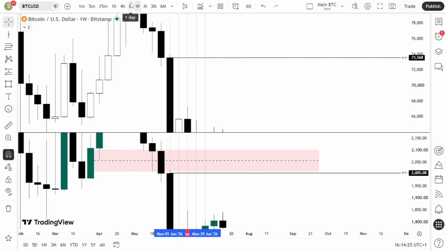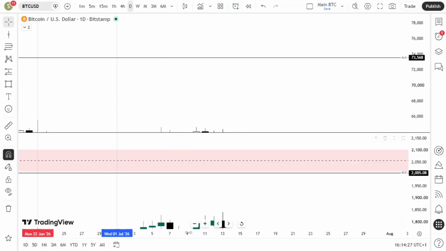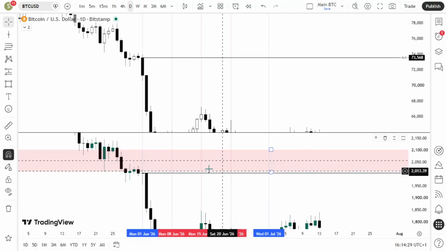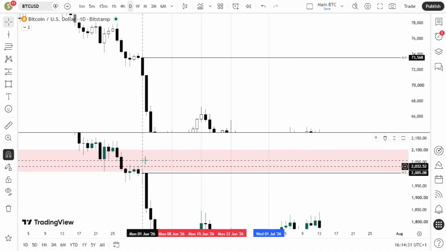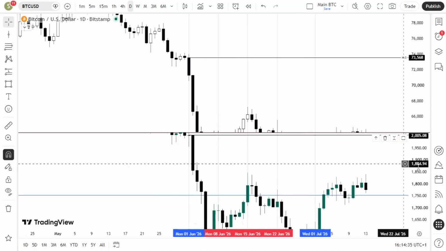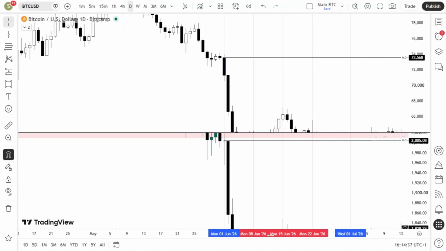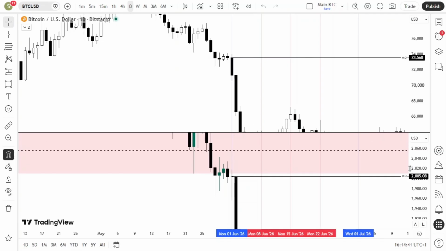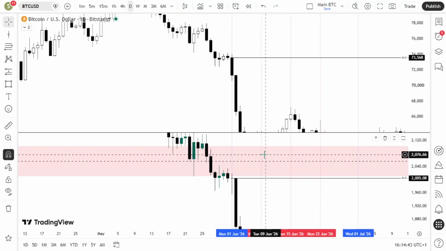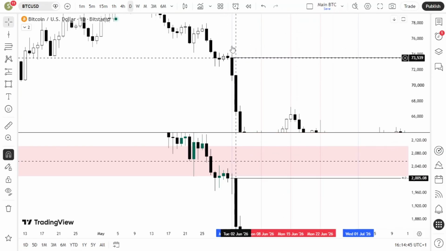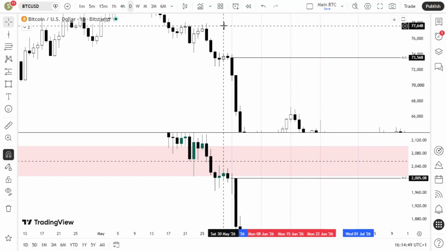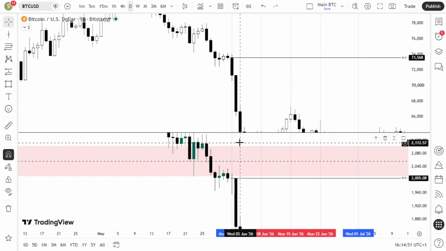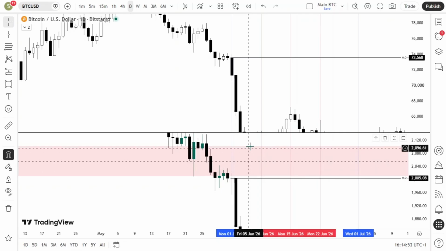So by the time we go to the daily, when looking for order blocks that align with the monthly order block on the daily time frame, we can only do that with ETH, because ETH is the only one with a monthly order block. BTC does not have anything to reference around this area from the monthly or the weekly, but on ETH we have this monthly bearish order block.